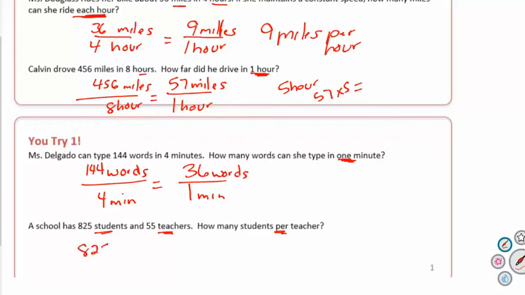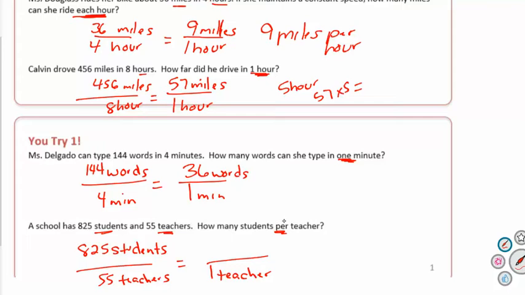So 825 students to 55 teachers. Okay, and I want to know how many students there are for every one teacher. Remember that word per means one. Okay, all right, so grab your calculator.